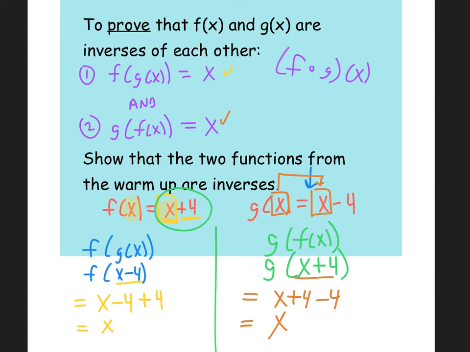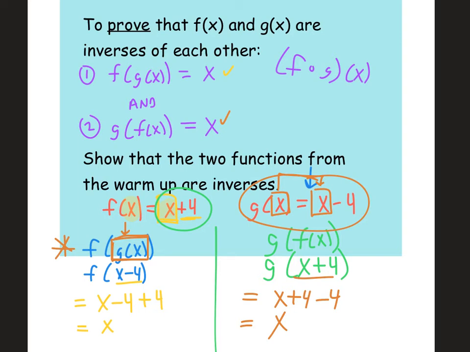And all that's really saying, again, think about right up here. When you do composition, you're first doing this. So I want you guys to imagine you pick a number and you do g to it. g is like a rule. It sounds weird, do g to it. But g is just saying over here, take your number and subtract 4. So everyone have a number in your head? Subtract 4 from it. Got a new number?